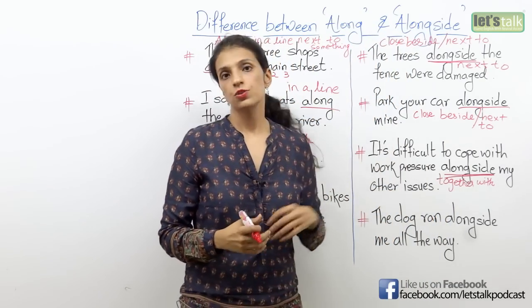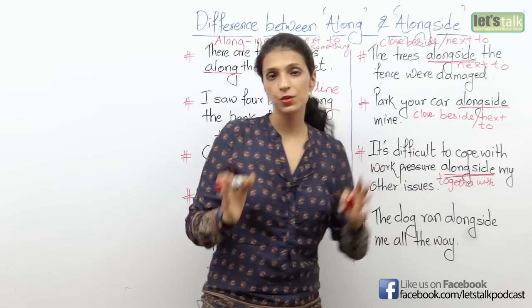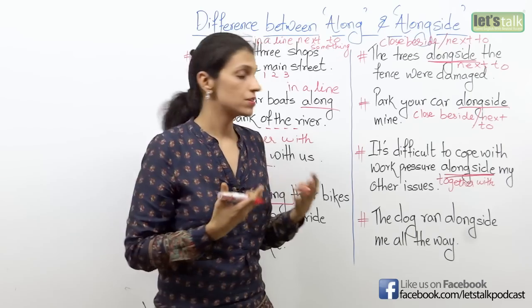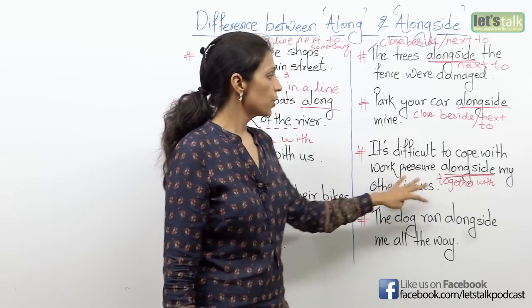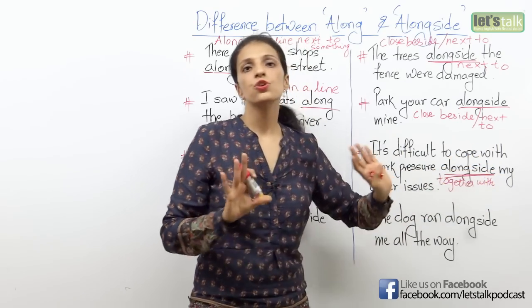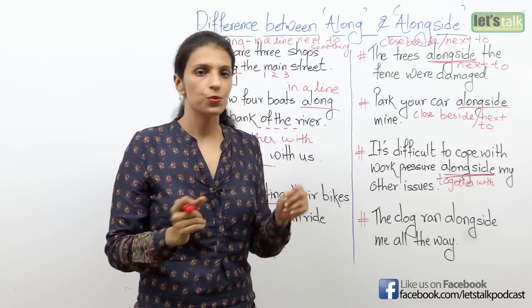Okay, so here you can use along, but that becomes along with. All right, so the better word to say is alongside. That means parallelly or, you know, together with my other issues, right? So this is how we use alongside in a sentence, to show together with. You do not use with, but alongside also means together with.